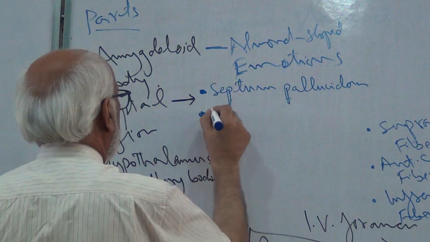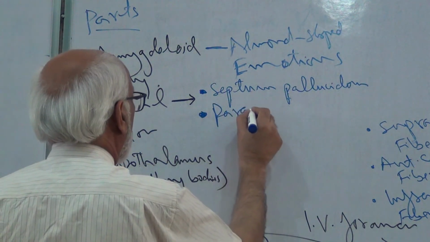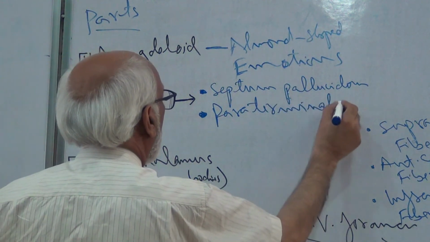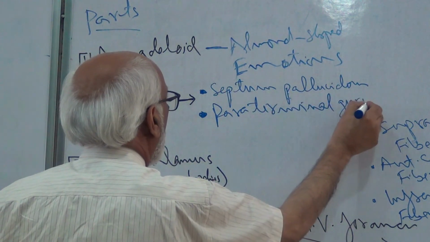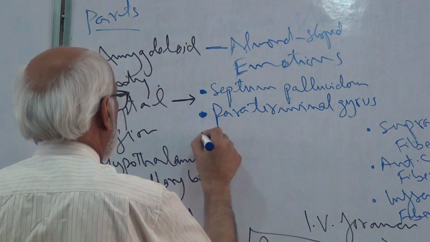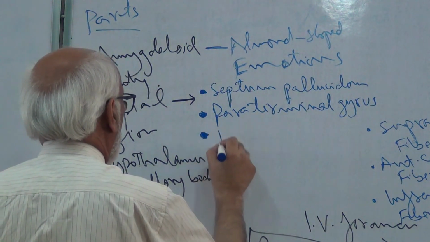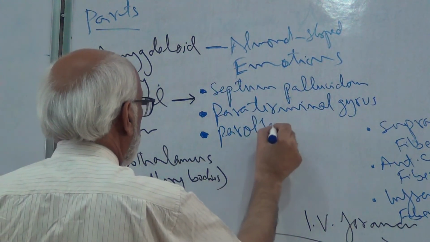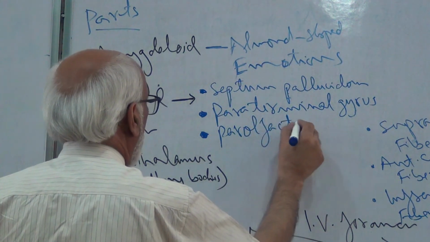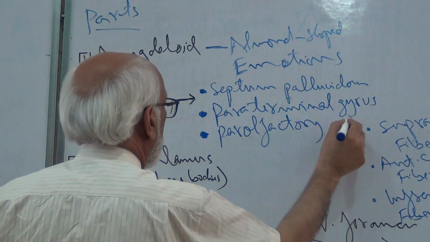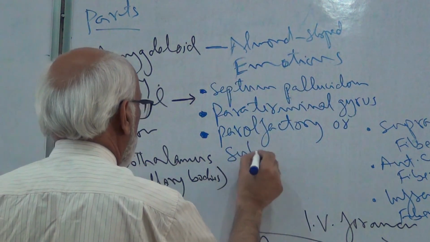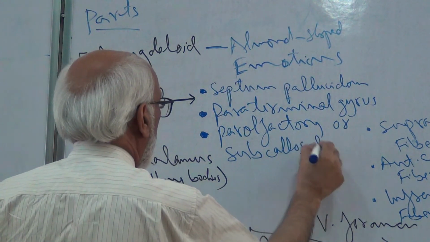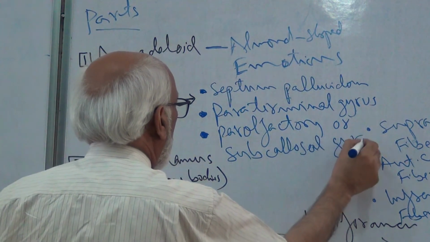number 2, paraterminal gyrus, and number 3, olfactory gyrus. Olfactory, also known as subcallosal gyrus.